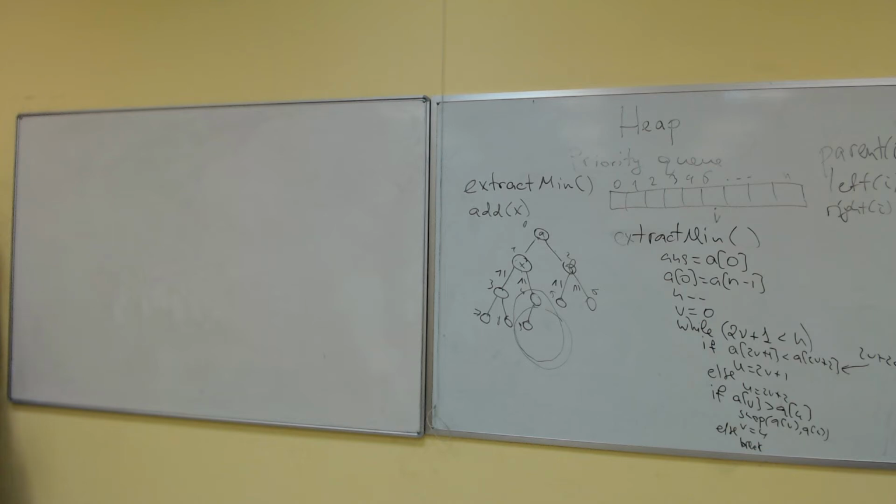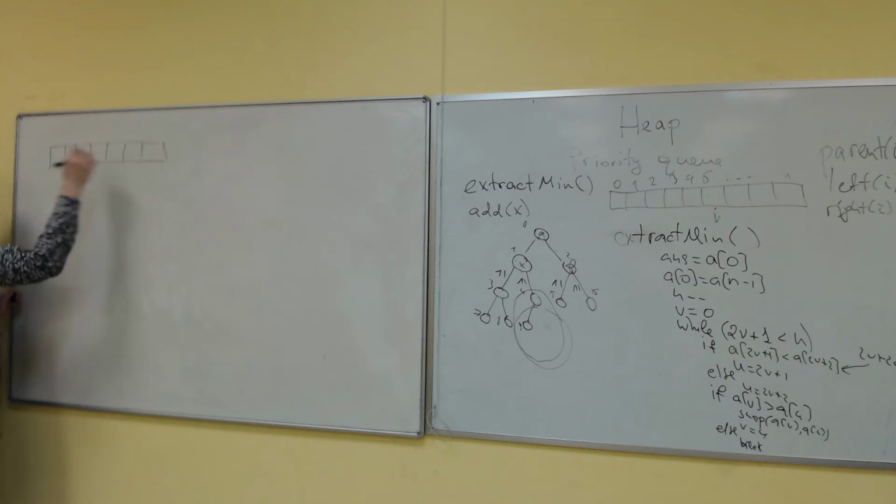This sort is named heap sort. So you have an array A and you want to sort it, and you have a heap. What should you do?